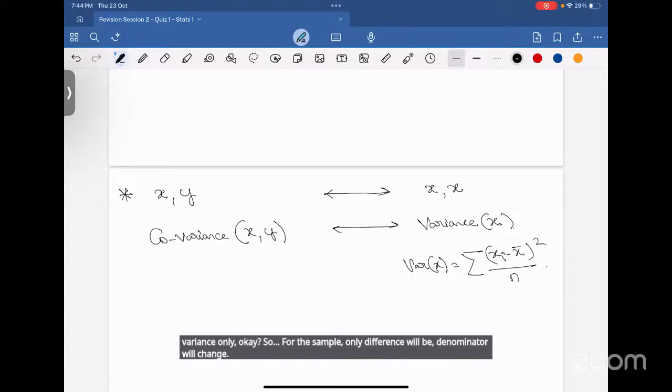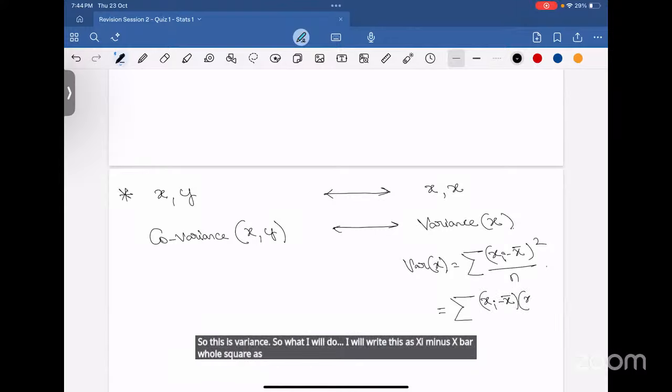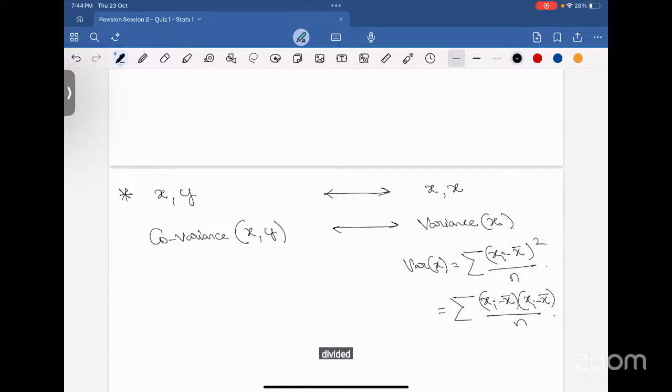So this is variance. What I will do is write xi minus x bar whole square as xi minus x bar into xi minus x bar, divided by n. Since I have both features as x and x, it is xi minus x bar into xi minus x bar.